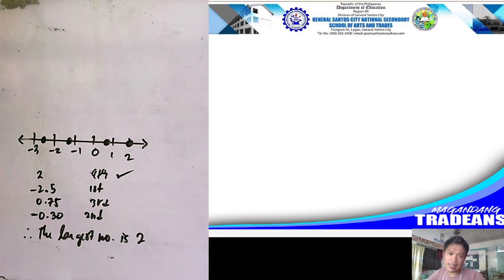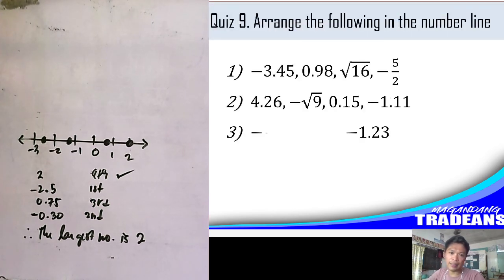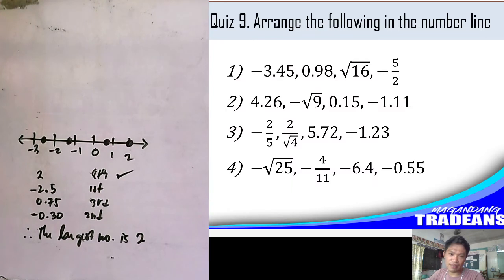Okay? So, let's now have quiz number 9. I would like you to arrange the following numbers in the number line. There is no question or follow-up question. Just arrange them according to the number line. For number 1, we have the given negative 3.45, 0.98, square root of 16, and negative 5 halves.